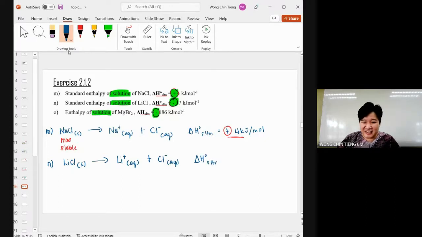Alright, you have your solution. And where we are, negative 37 kJ per mole. Same thing. Equation tak ada isu. Equation solid jadi aqueous. Betul? Saya satu je nak tanya balik. Lithium chloride lagi stabil sebagai garam atau lagi stabil sebagai solution?